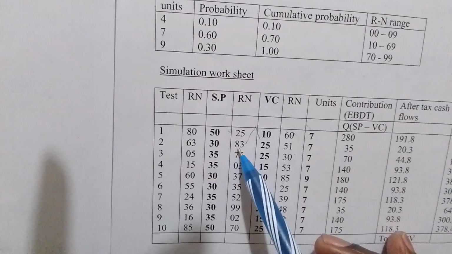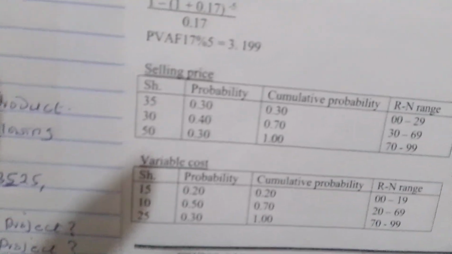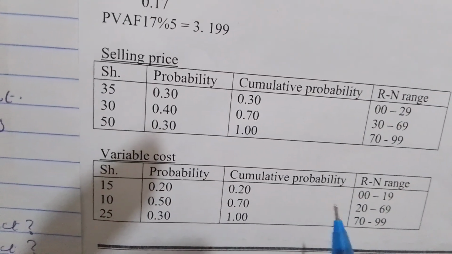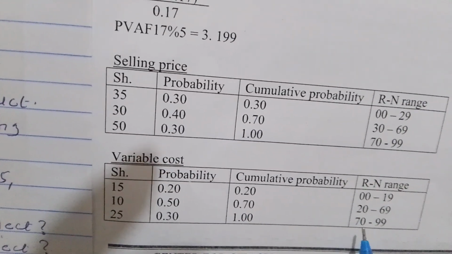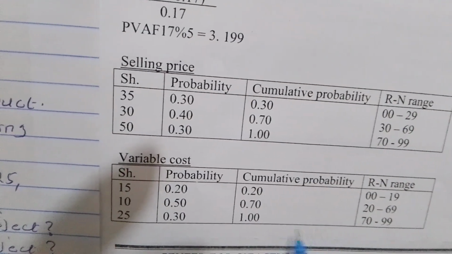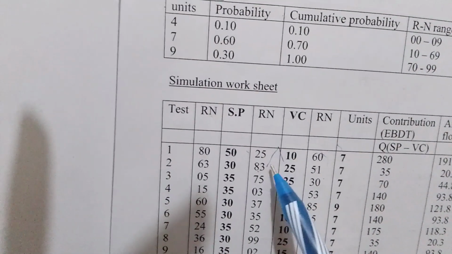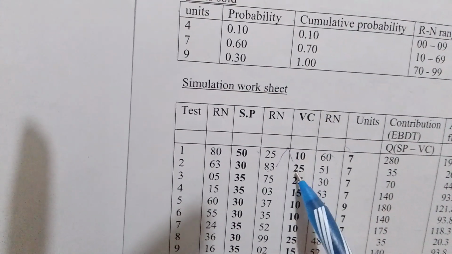Next, you take 83. Go to the variable cost table here. 83 is between 70 and 99. So that is 25. So for the number 83, you're using 25.